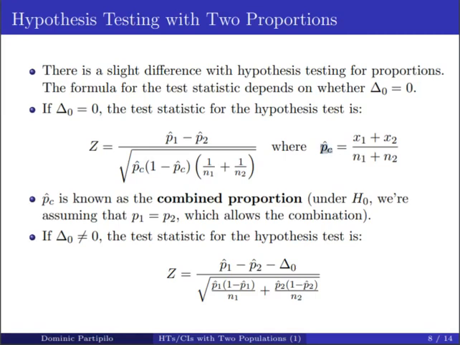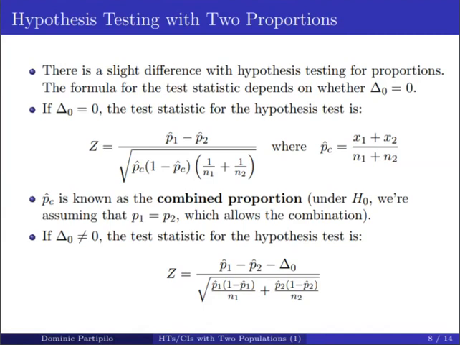We're taking these two sample proportions and combining them. If we had just one proportion, it would be x over n, but we have two of them, so we're combining the x's and combining the n's, and we come up with a combined sample proportion, which is p hat c, or pc hat, whichever one you'd like to call it.